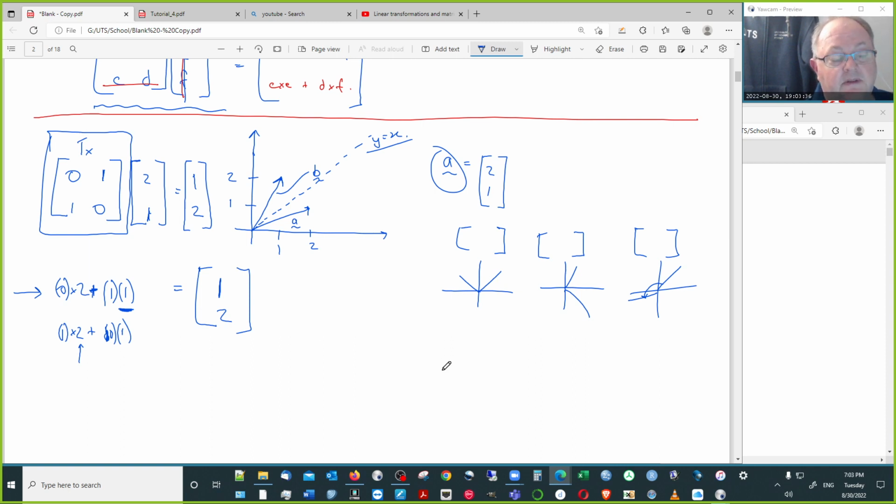So the concept is not hard, but what I find is that most students, like the video said, get caught up doing all the bits and pieces and lose sight of the big picture. So in this case, this is a very simple demonstration of a transformation matrix in play.